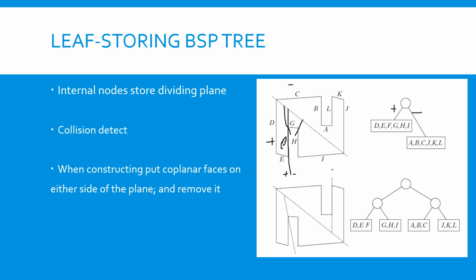The example here is located on the L, so we put L on the negative one. For each edge we can easily put it under one tree structure. We don't have to go through all the leaves, so it's good for collision detection, and it is very time efficient. It takes only log n time.